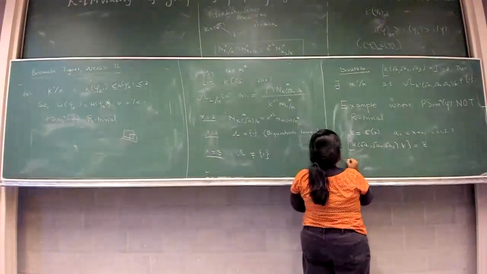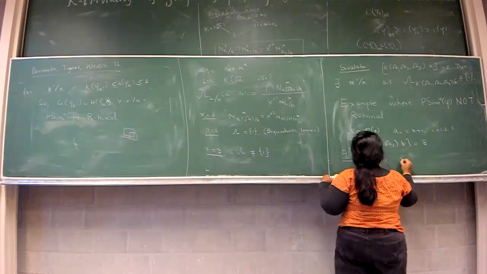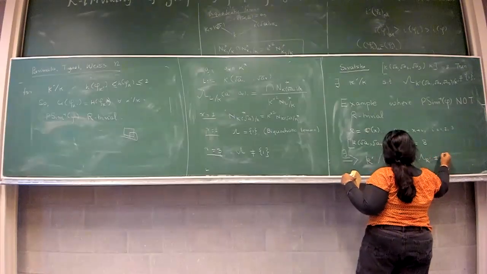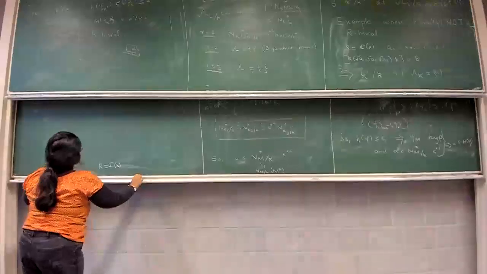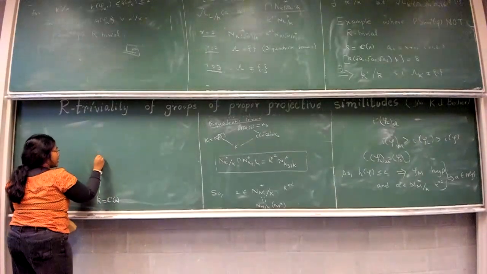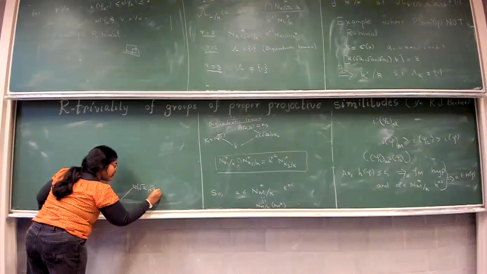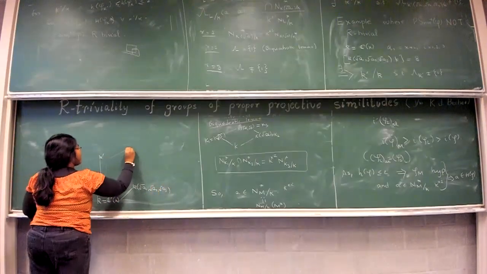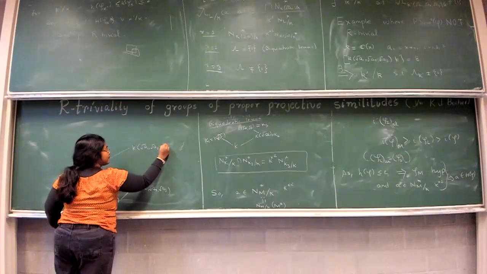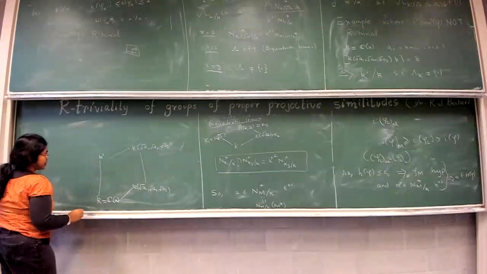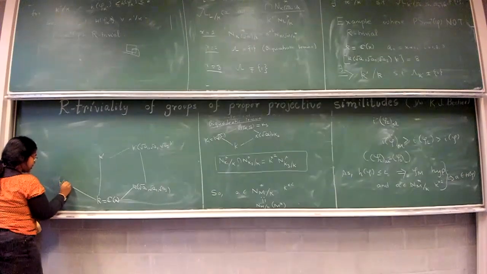Now by Sivatsky, I will get another disjoint field K dash such that... this is my K dash, and we are taking iterated power series.